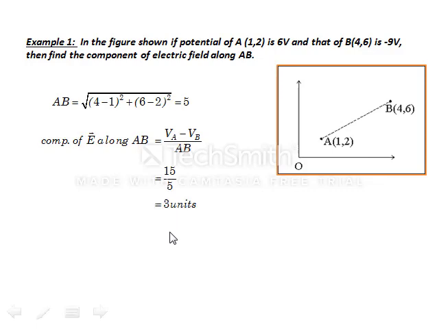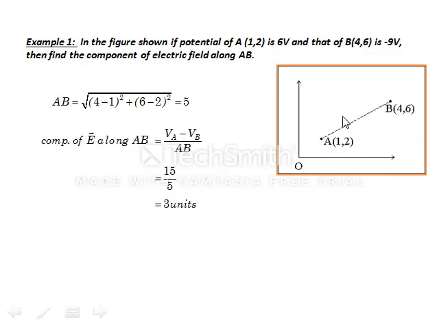This is 3 units. The component of field in this direction is 3 units. It doesn't mean that the field is 3 units. The field may be in some other direction and its component will be 3 units in this direction. So this is the simplest example concerned with calculation of a component of field if potential is known.